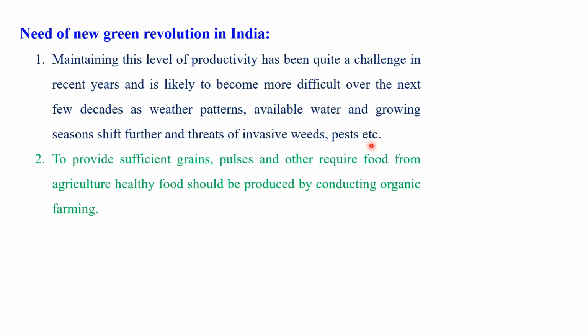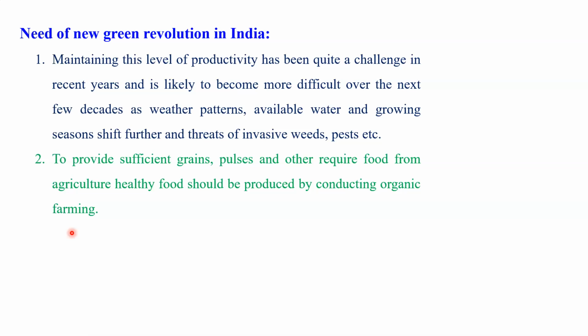Dear student, I just mentioned that to provide sufficient grains, pulses and other requirements from agriculture, healthy food should be produced by conducting organic farming. You know that when we use a lot of chemical fertilizer and pesticide, yes, it is true that they increase the production of agricultural product, but simultaneously they also impact human health.